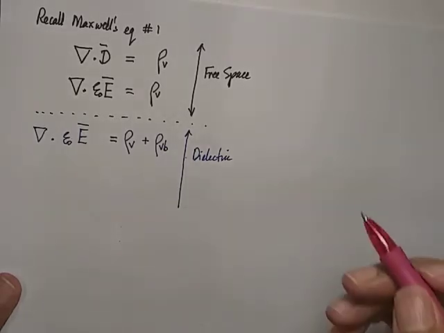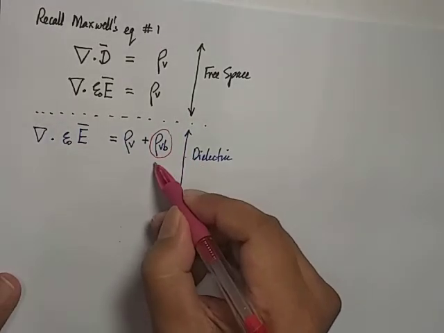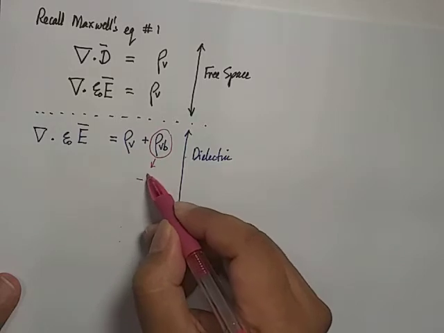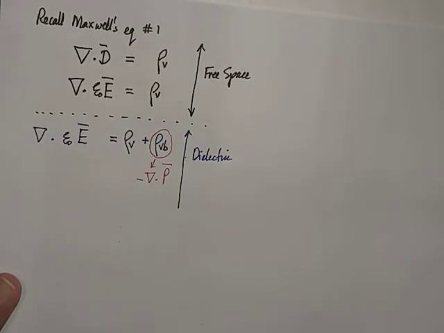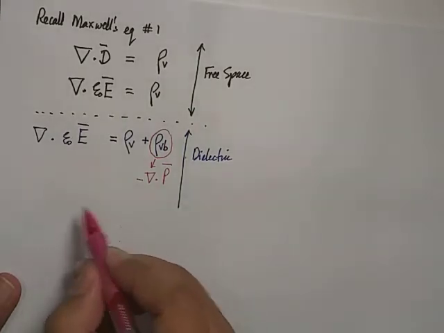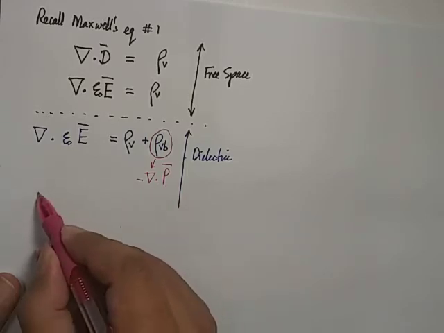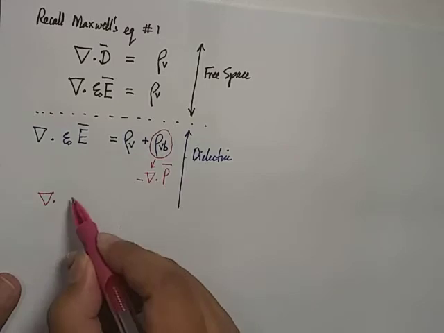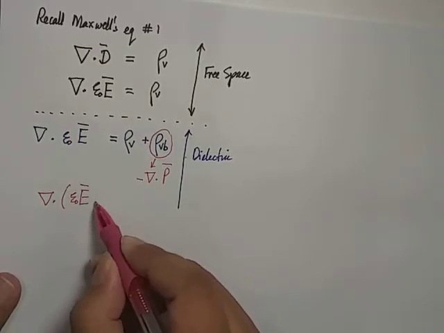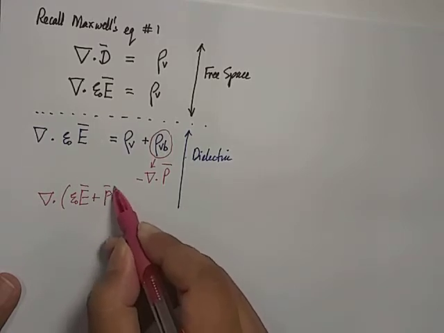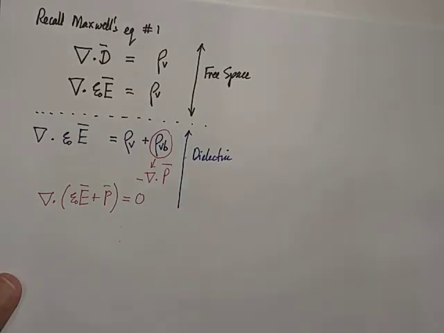From the equation shown just now, this particular term can be substituted with negative divergence of P. When we rearrange the mathematics and shift the term to the right, we have the divergence of epsilon naught E plus P equal to 0. That is the new arrangement of the equation.